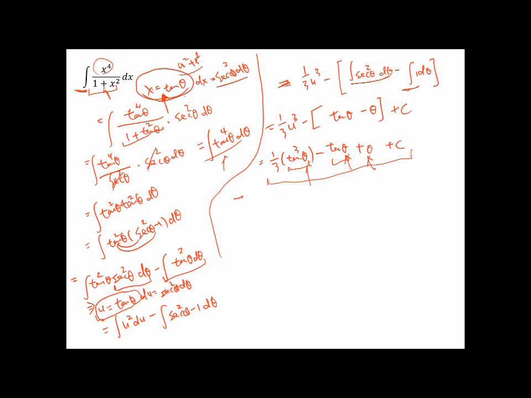So probably I don't need the triangle method, just plug in: 1/3 x cubed minus x plus, what is theta? Just simply arctangent x, right? This implies theta, and then plus c. Okay.